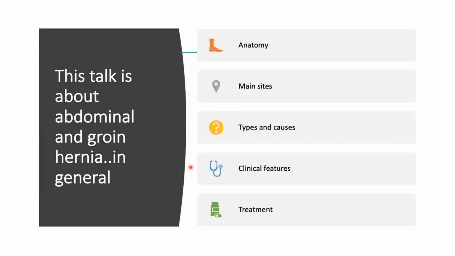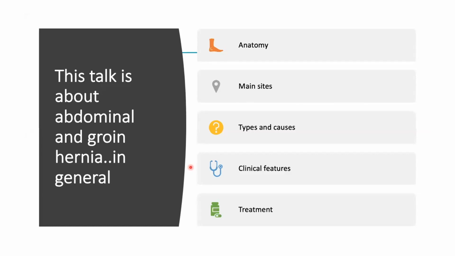There will be other webinars in future that will cover groin hernia in particular, as it's a very common surgical condition and would benefit from a further, more in-detailed webinar.